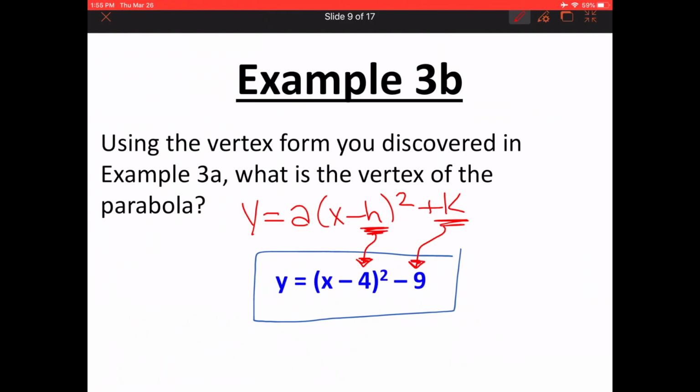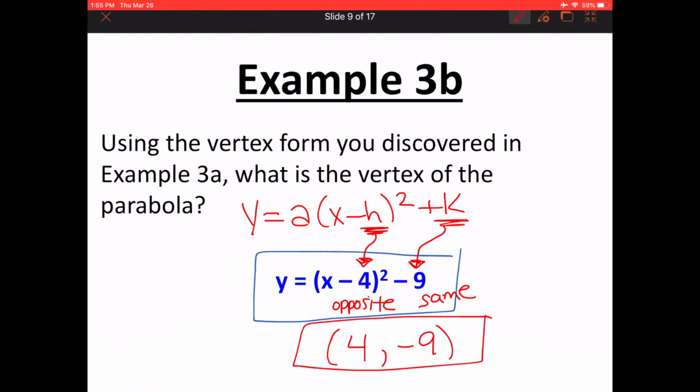I have minus 9. Now remember, for vertex form, the h is always going to be the opposite, and the k is always going to be the same. So my final vertex is going to be positive 4, because the opposite of negative 4 is positive 4, and then the y part is going to be negative 9.